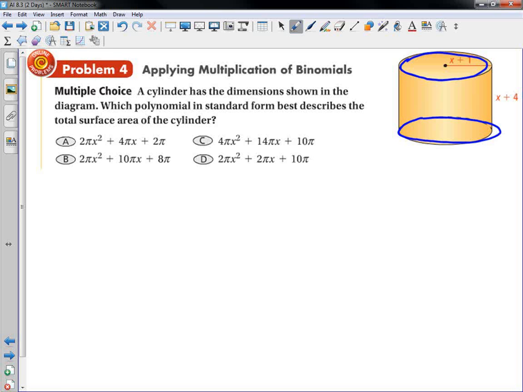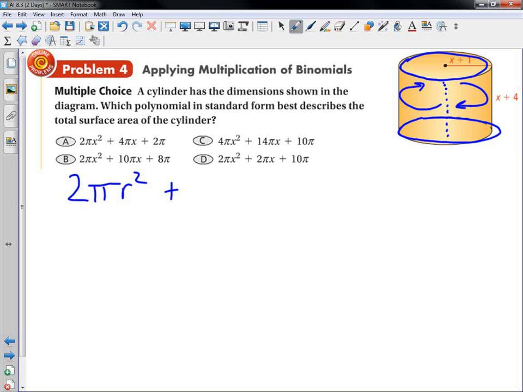The area of a circle is pi r squared. We have two circles, so I'm going to say 2 pi r squared. To the two circles, we need to add together the outside here.